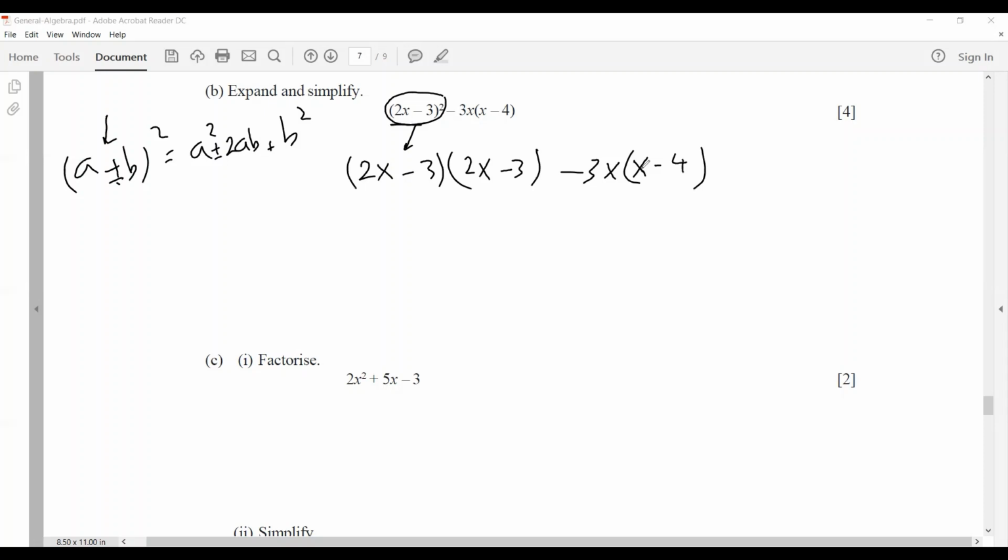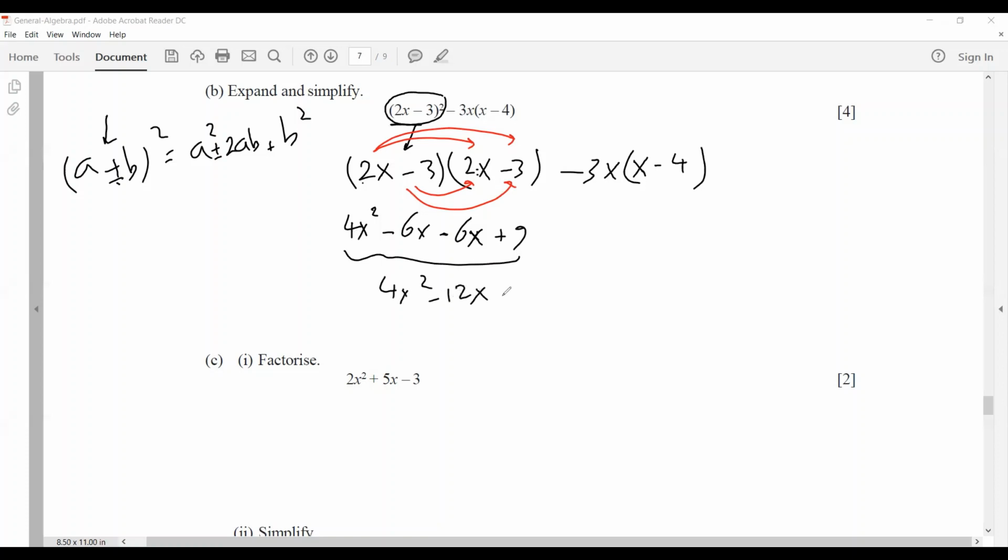So if you do that, it is easy to find the answer. You just have to carry on the multiplication 4 times. You get 4x squared, and then 2x times negative 3, negative 6x. We got another negative 6x here, negative 3 times negative 3, positive 9, okay? And this gives you 4x squared minus 12x plus 9.